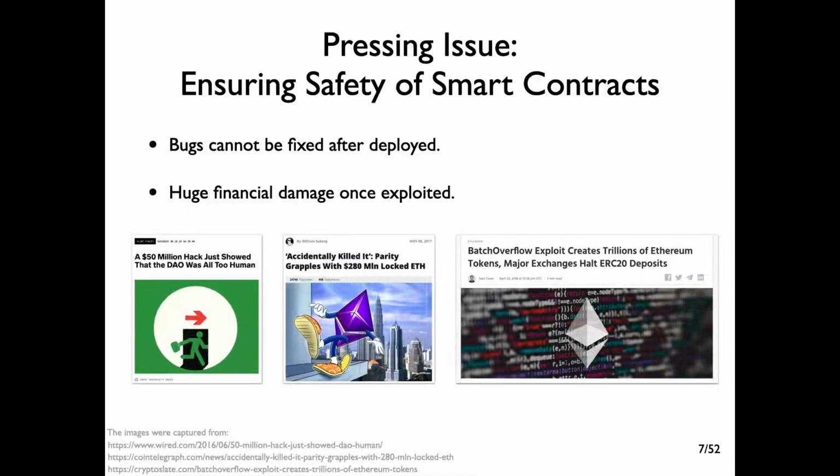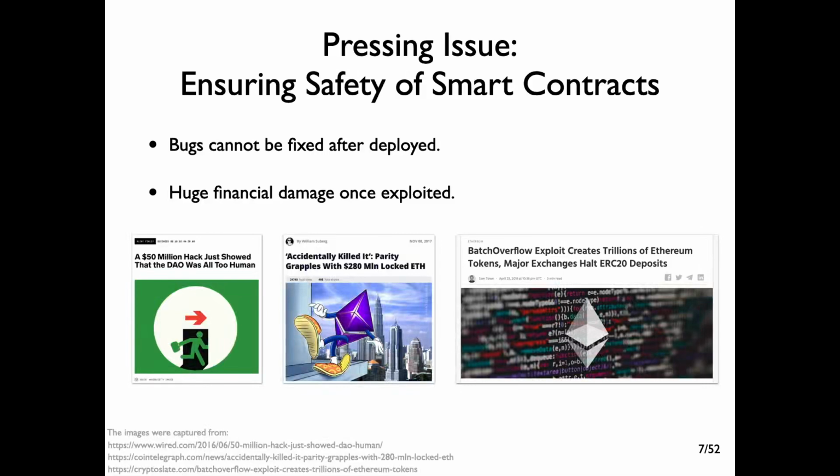Recently, ensuring safety of smart contracts is emerging as a pressing security issue. There are two major reasons for this situation. First, smart contracts are immutable. That is, vulnerabilities in smart contracts can never be fixed once smart contracts are deployed on the blockchain.